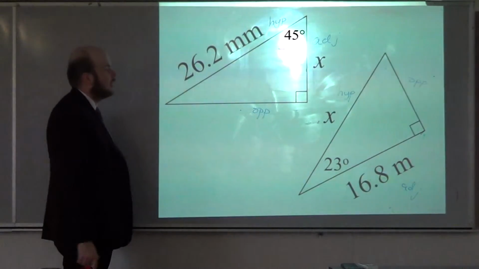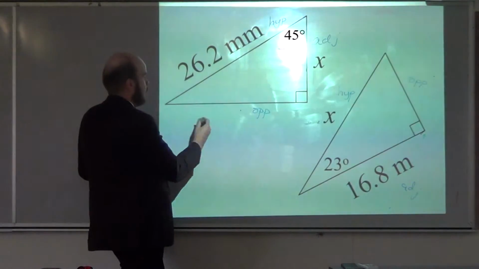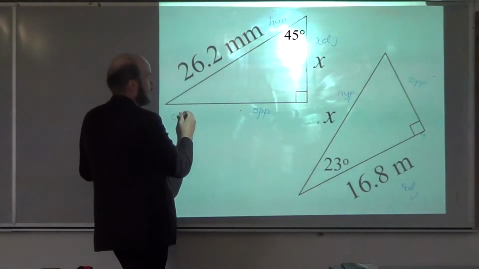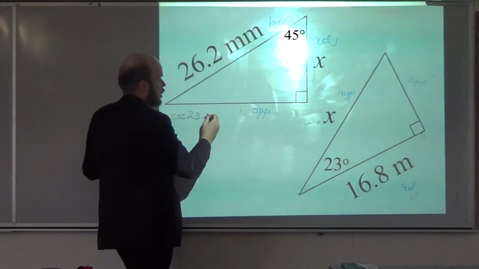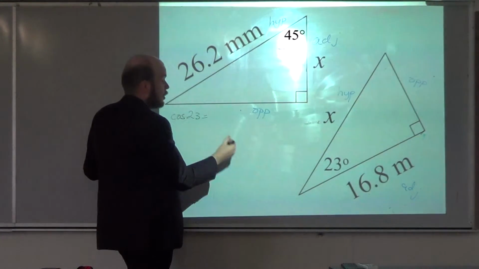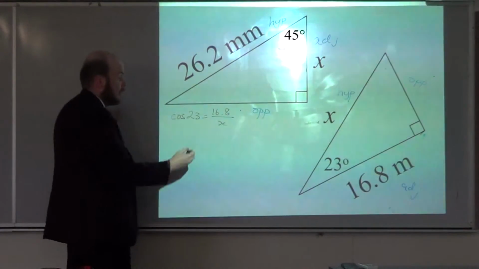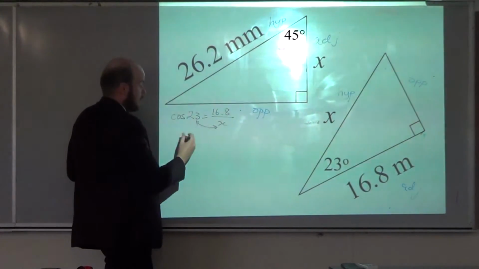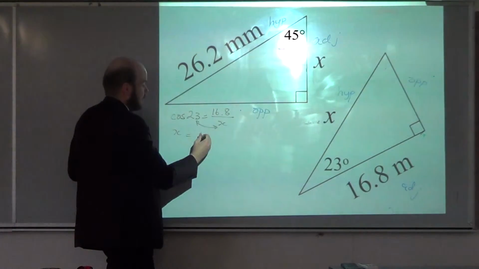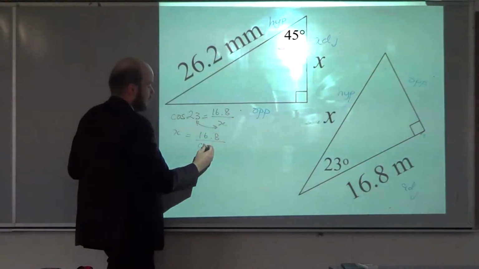For the other triangle here, cos of 23 is equal to adjacent over hypotenuse, so 16.8 over x. And remember our little sneaky trick, I can just swap these two around. X is equal to 16.8 divided by cos 23.